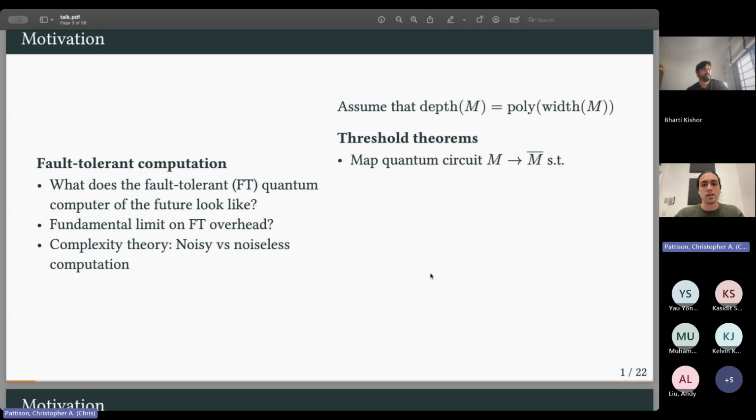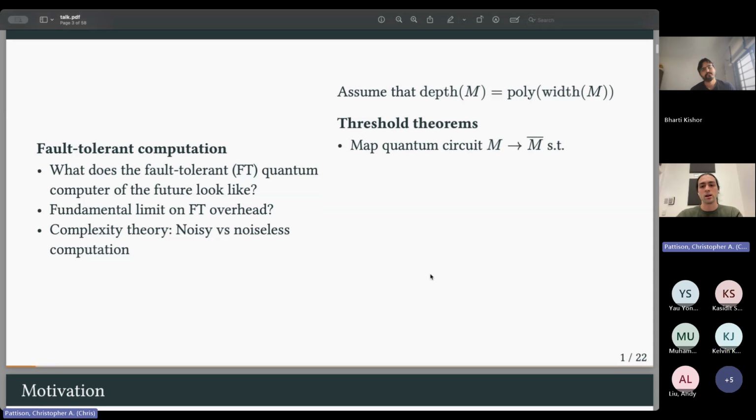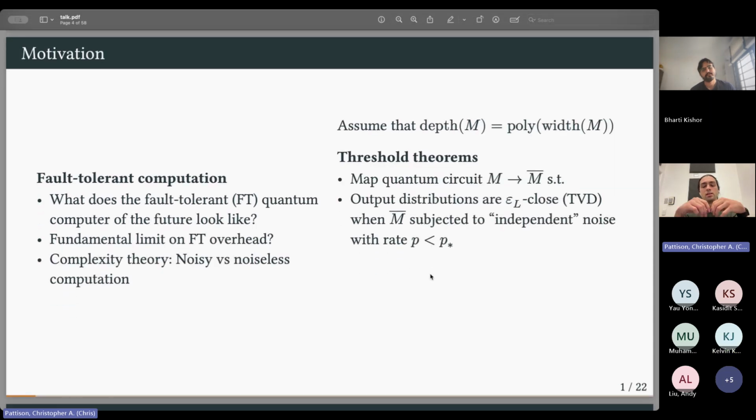The idea of a threshold theorem is that we're given some quantum circuit, and we'd like to map it to a new quantum circuit such that the output distributions of these two circuits are close in, say, total variation distance, whenever the fault tolerant circuit is subjected to noise, which we can roughly think about as independent.